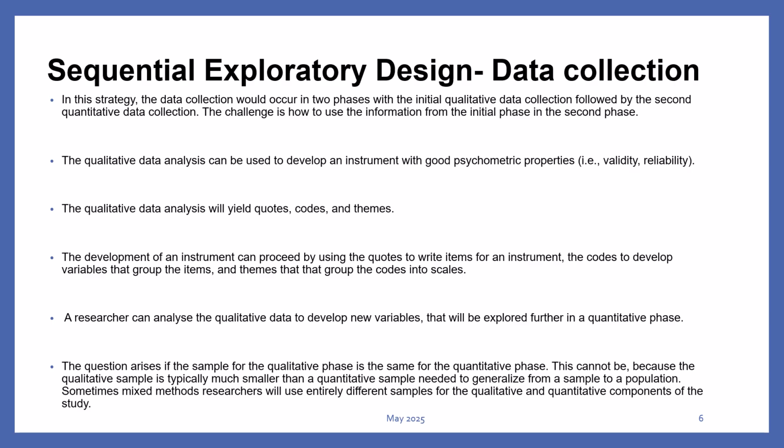So sometimes mixed method researchers will use entirely different samples for the qualitative and the quantitative components of the study. However, a good practice in mixed method designs is to draw both samples from the same population, but to make sure that the individuals for both samples are not the same. To have individuals help develop an instrument and then to survey them in the quantitative phase would introduce confounding factors into the study.